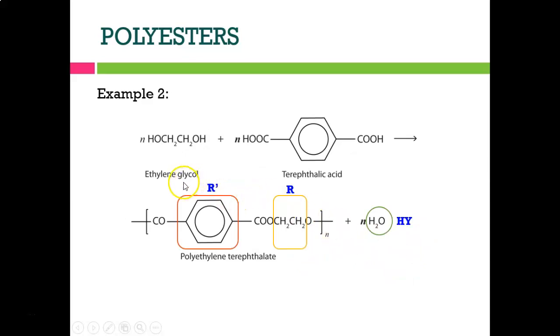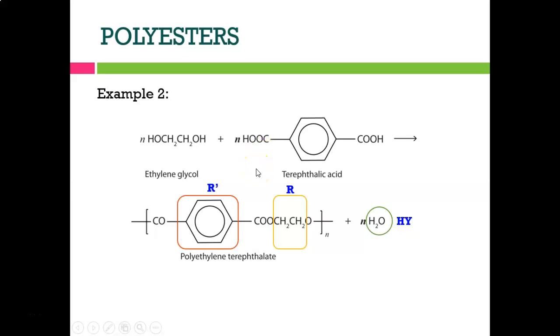We have this polyester to produce polyethylene terephthalate. As we can see, it has ethylene glycol containing the same functionality in a monomer group, which is considered as AA and BB.